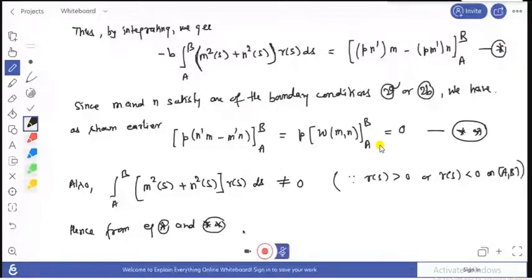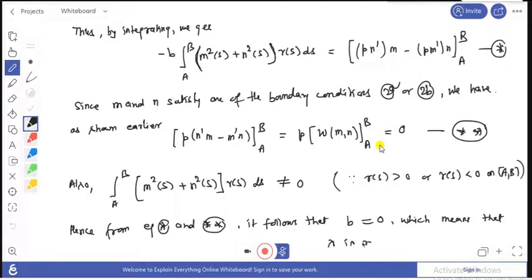It follows that b equals 0, because this is 0 and this is non-zero. So b equals 0, which means your lambda equals a plus ib has imaginary part 0, which means your lambda is real.